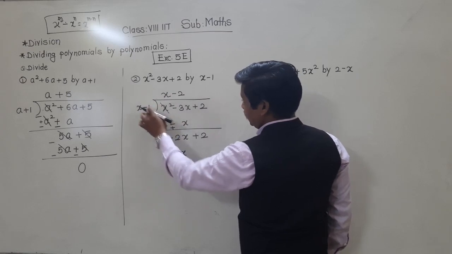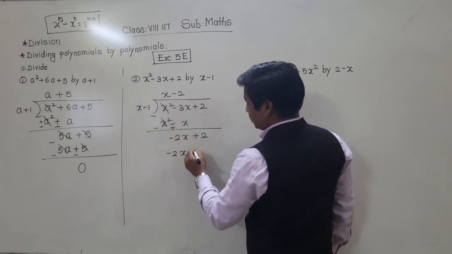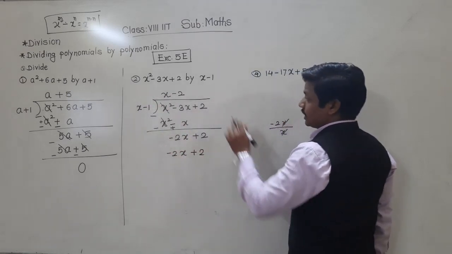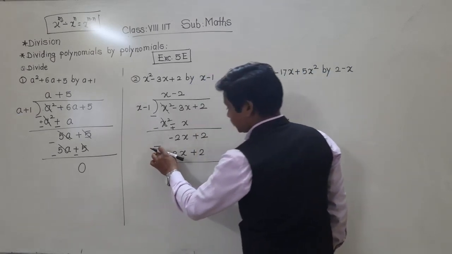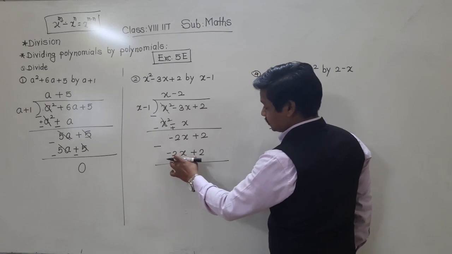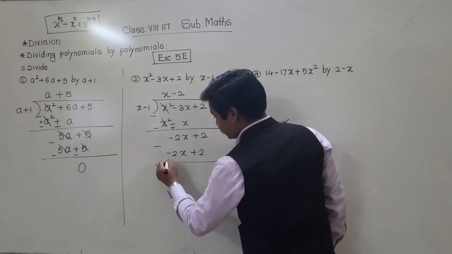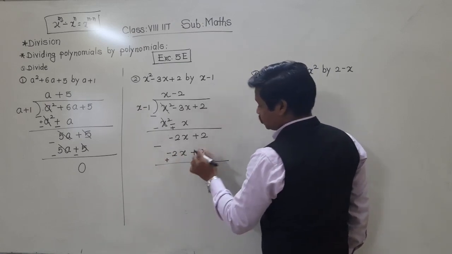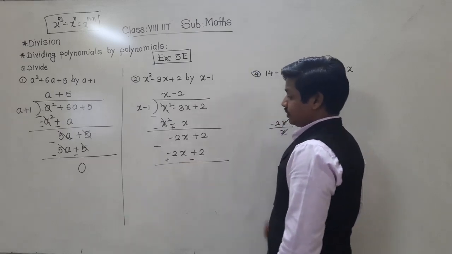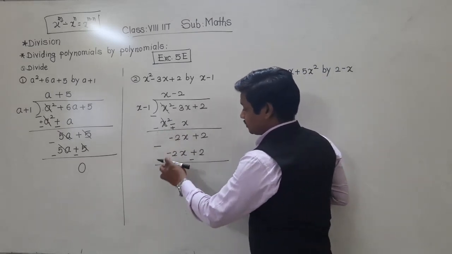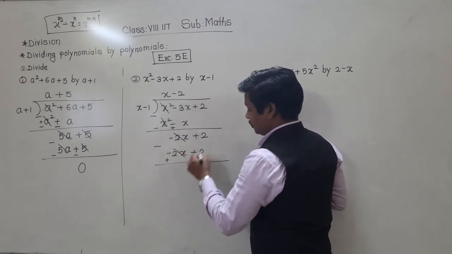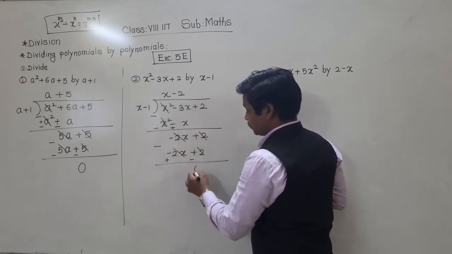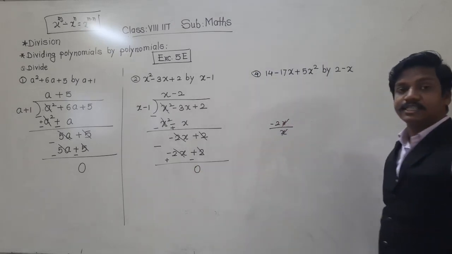And minus 2 into 1, minus 2, 2 ones are 2, so minus 2. Subtract. Due to this subtraction sign, the sign of these two terms will get changed. This minus 2x will become plus 2x, plus 2 will become minus 2. Now minus 2x plus 2x are opposite to each other, 0, plus 2 minus 2 opposite to each other, 0. So at the end the remainder is 0.